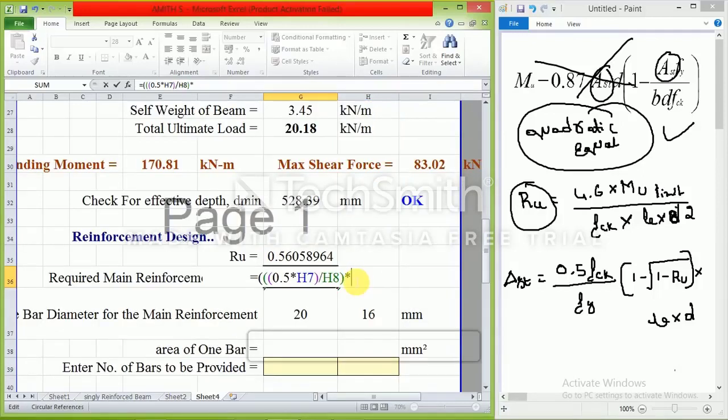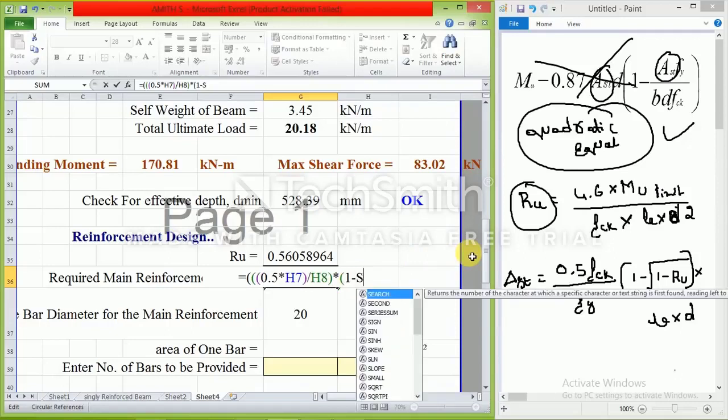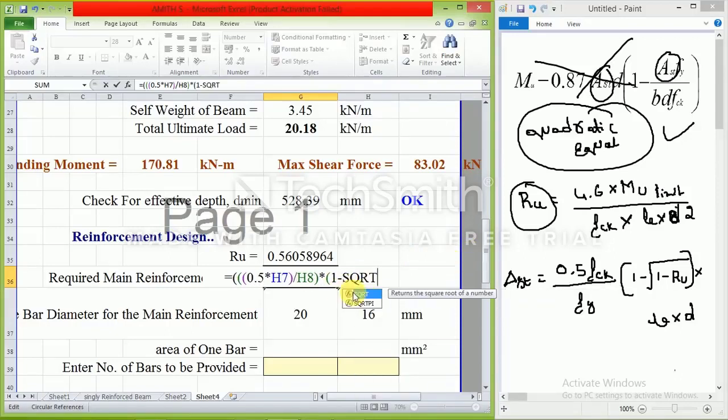Into, again I'm opening one more bracket. 1 minus, okay, square root. How to write square root? SQRT, square root of 1 minus, what is there? 1 minus Ru. Ru is this one. I'm just closing a bracket here, and again I am closing one more bracket.